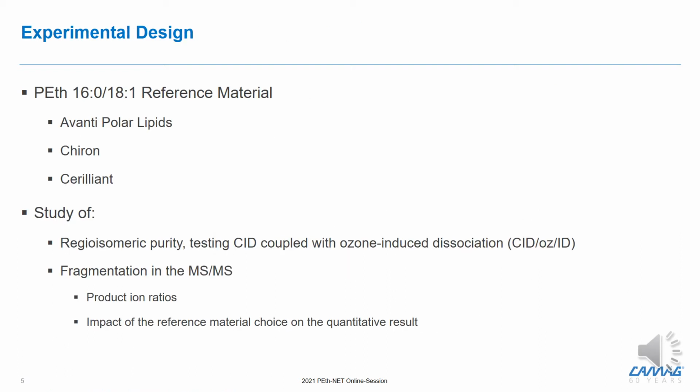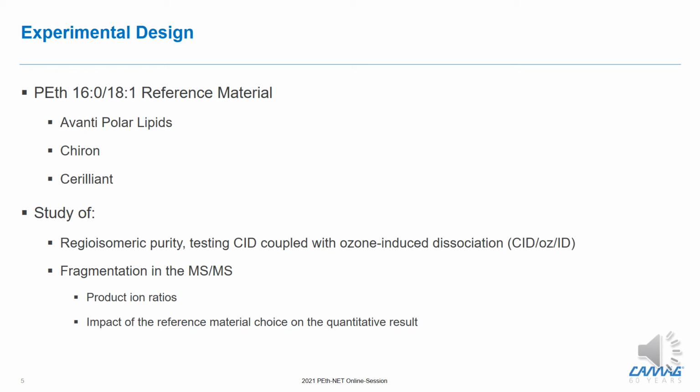To study if that assumption is true, we obtained PEth-16:0/18:1 reference material from 3 commercial suppliers: Avanti Polar Lipids, Chiron, and Cerilliant. This allowed us to study regioisomeric purity by testing CID coupled with ozone-induced dissociation.